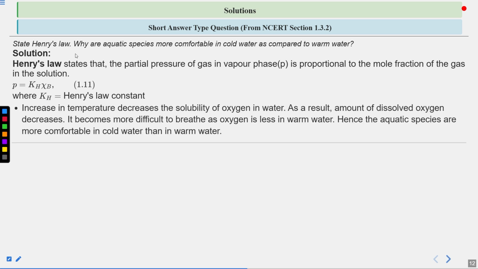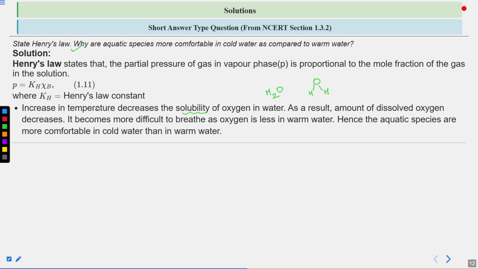Now we will answer the second question, which is why aquatic species are more comfortable in the cold water as compared to the warm water. An increase in the temperature decreases the solubility of oxygen in the water. As you know, water has the formula H2O; its structure you can consider like this: oxygen and two hydrogens are connected in this manner.